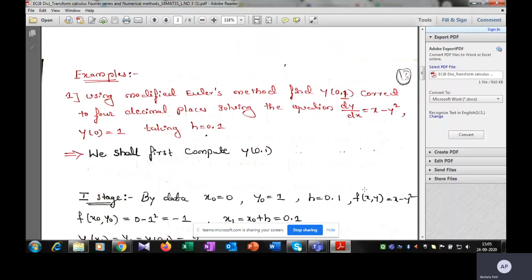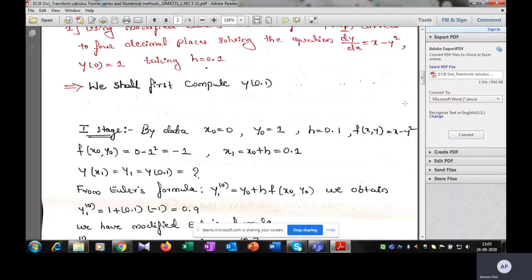So in this particular example, they have given the differential equation dy by dx equals x minus y square, with the initial condition y of 0 equals 1, meaning x naught is 0 here, y naught is 1, and they have given the step size h also, that is 0.1. They are asking to calculate the y value at x equals 0.1. Okay, now let us solve this example.